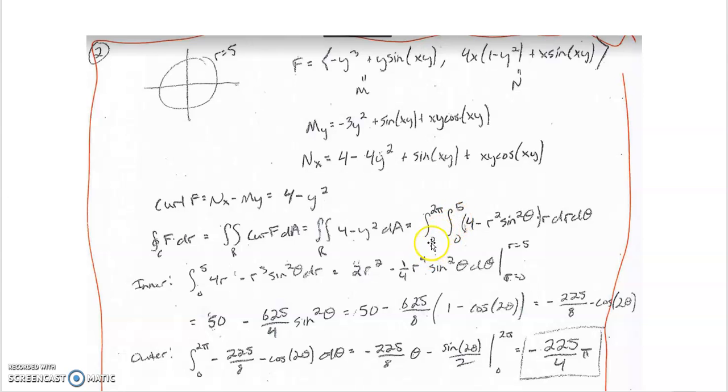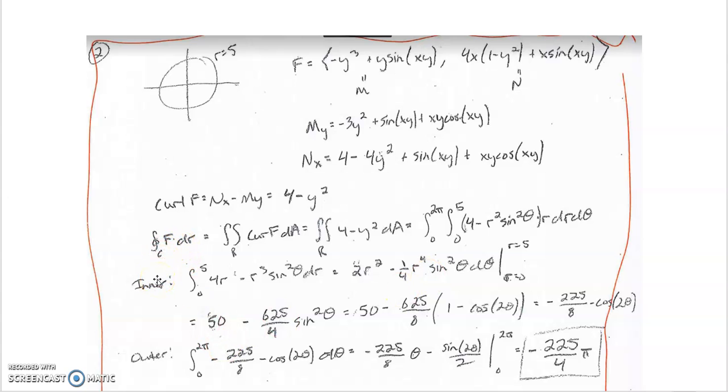So I'm going the full circle, so I go 0 to 2 pi. And I'm doing 0 to 5 because that thing has a radius of 5. I replace y with r sine theta. So that's a y squared, so I get r squared sine squared theta. And then I get an r d theta.